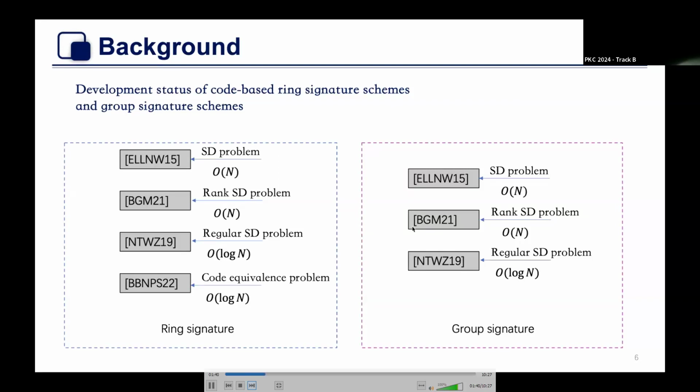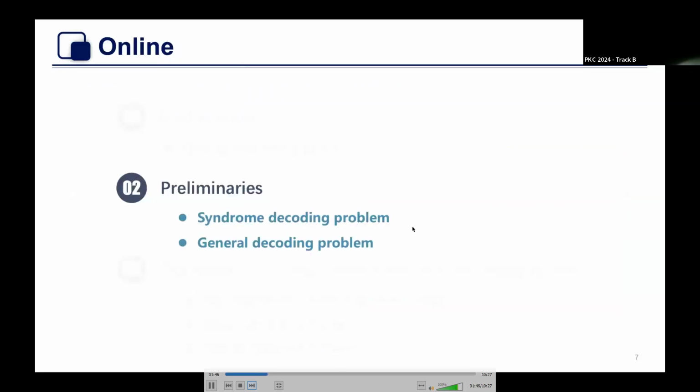There is no group signature scheme based on the code equivalence problem. In the following, we will introduce two hard problems in code-based cryptography: the syndrome decoding problem and the general decoding problem.